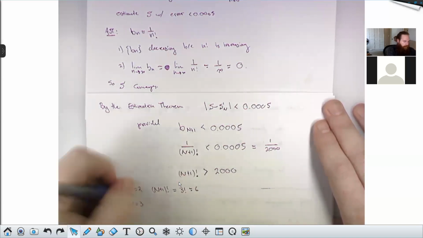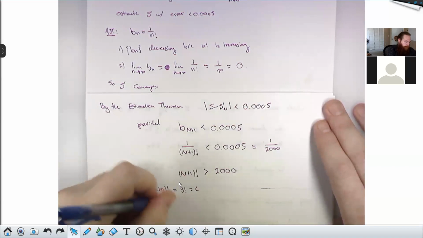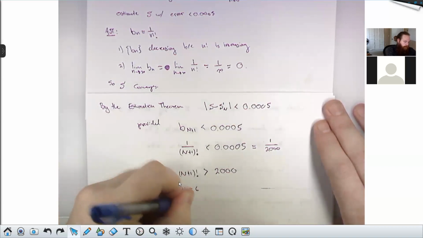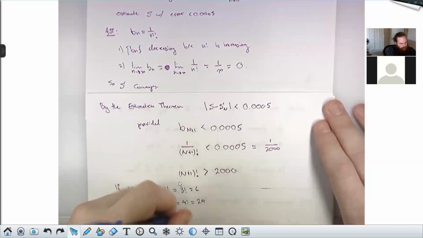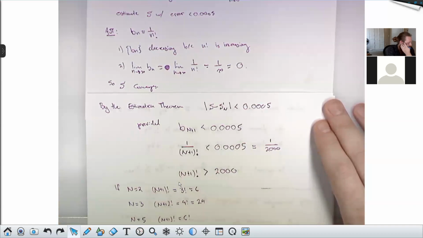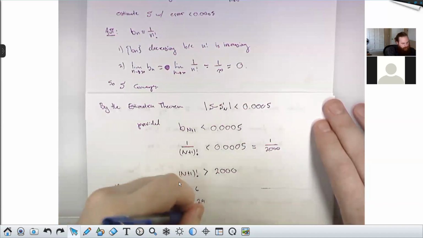If n is 3, then 4 factorial is 24. If n is 5, then 6 factorial; 5 factorial is 120, so this is 720.